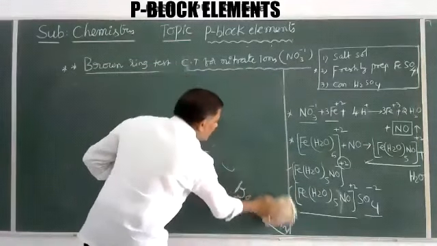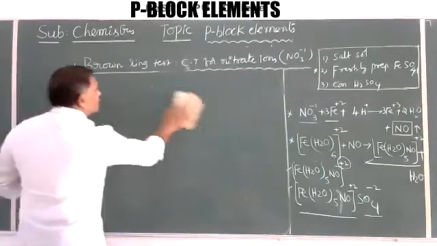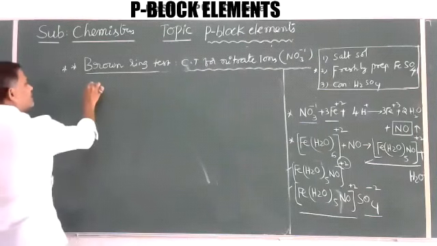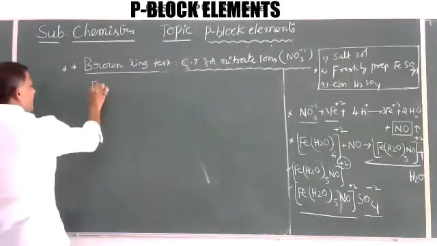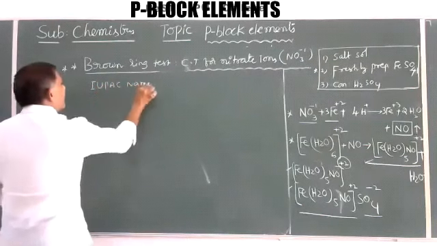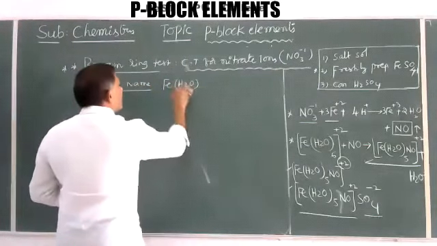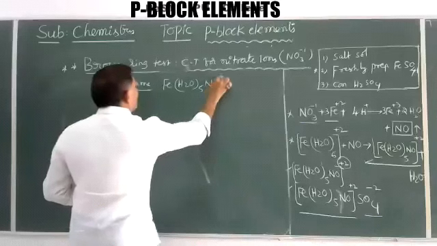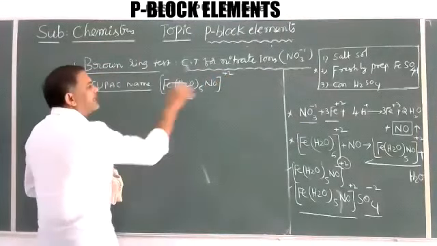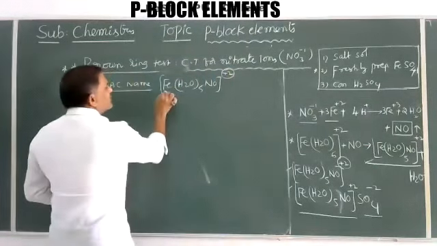In coordination compounds, one of the most important chapters, there are rules and regulations for the IUPAC name of a complex compound. Just a simple idea: the IUPAC name of Fe(H2O)5NO 2+. It is a cationic complex, so there is no special ending.